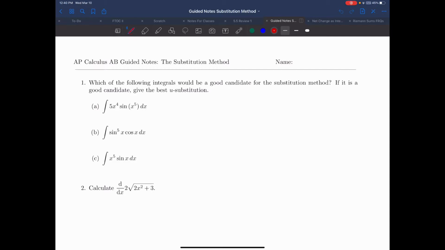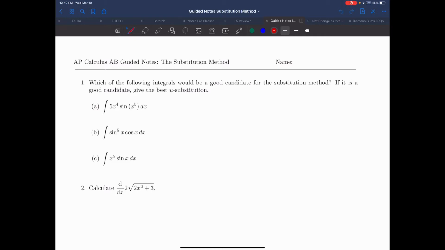So a good candidate for u substitution would be something where you have two functions, and if you take the derivative of one, that derivative will equal another part of the function. So let's look at A, and I will show you exactly what this looks like.